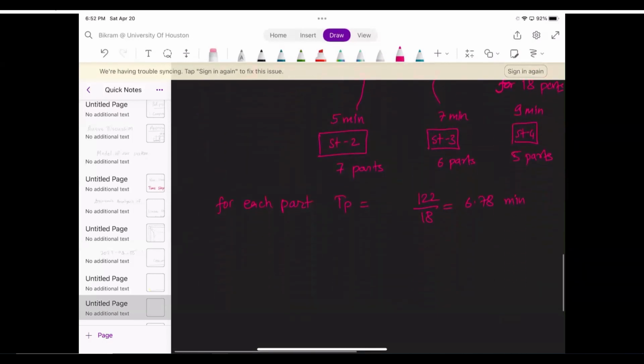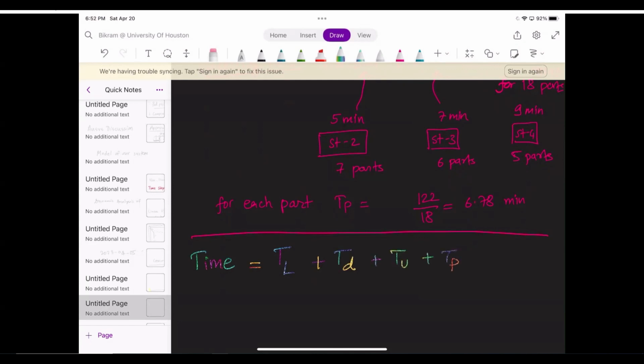And now, the total time we need, or have used, is for the delivery. First of all, let's start with the loading, then the delivery time, and then the unloading. Also, we have the processing, and there is no TE, the empty time is equal to 0.